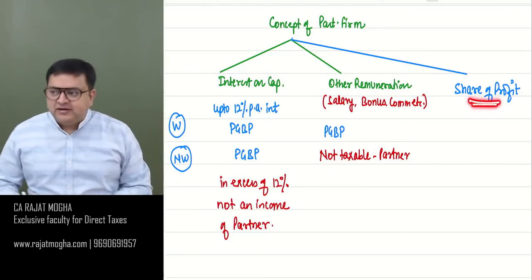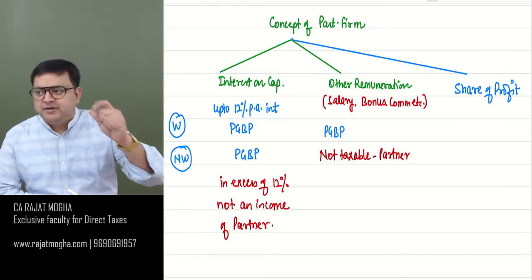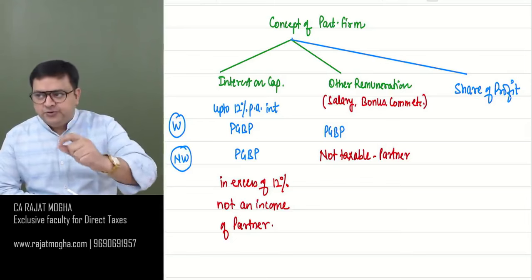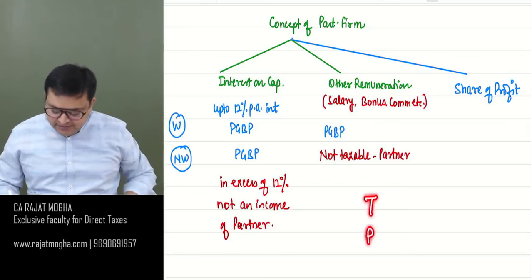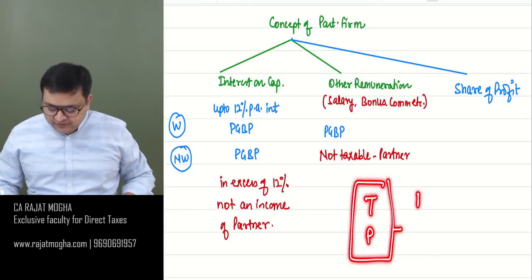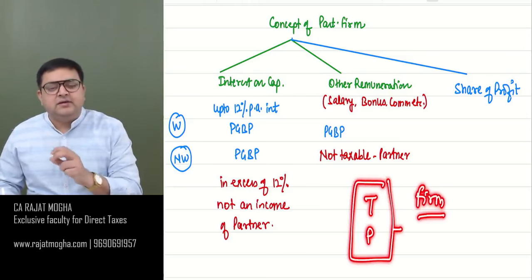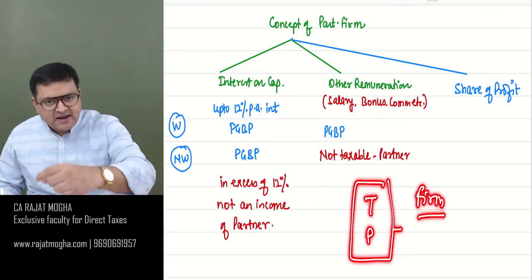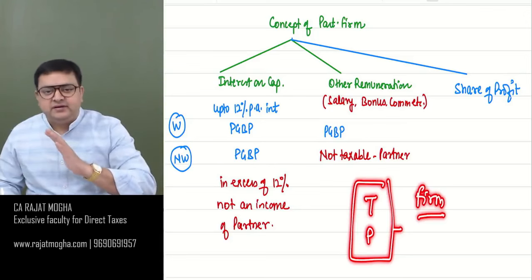Share of profit. See, what is share of profit? Let's say Deepa and Pradeepa are the partners in a firm. So there is a firm. From the income tax point of view, it has its own PAN number. I understand it's a separate entity.